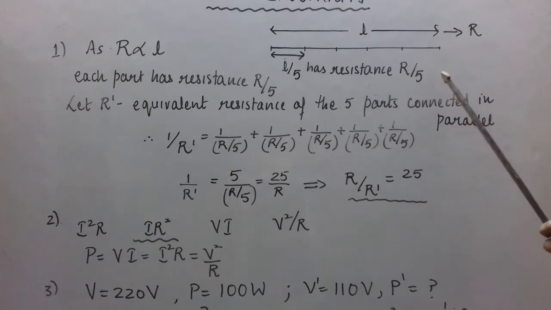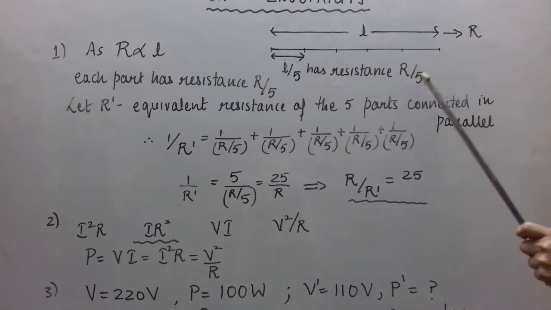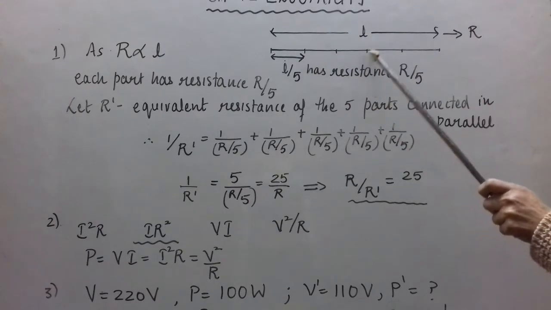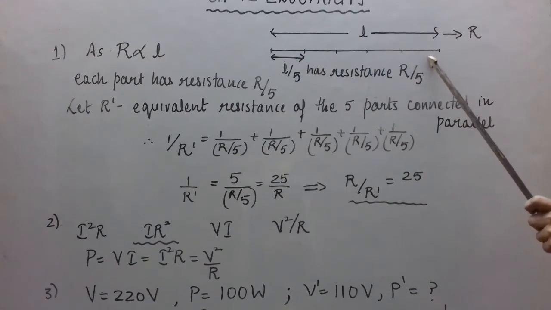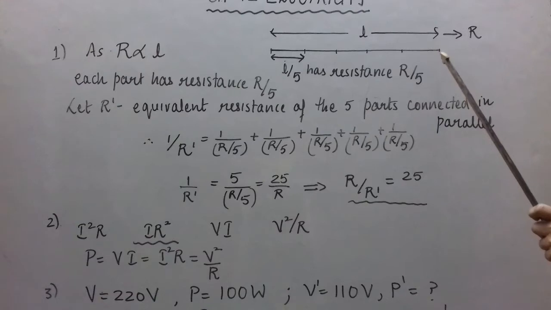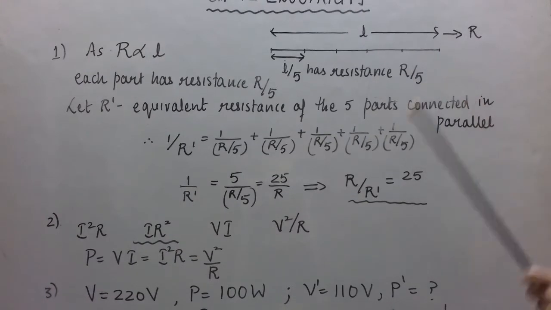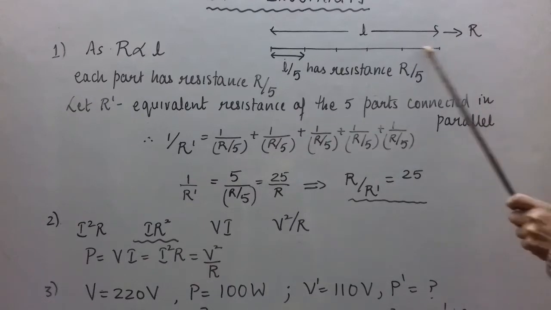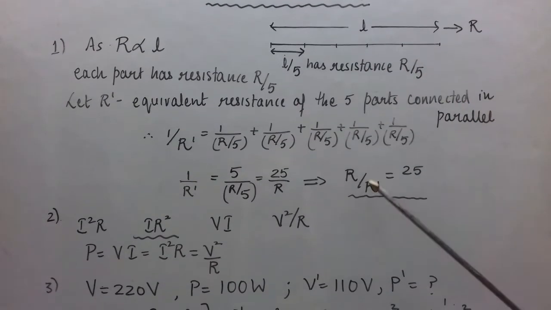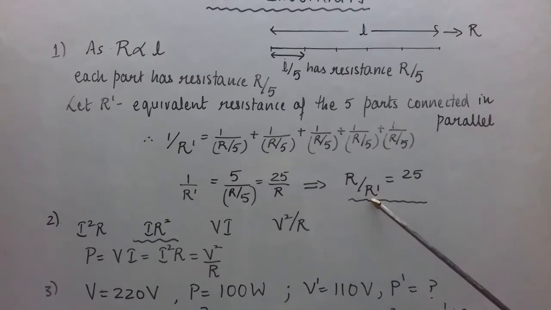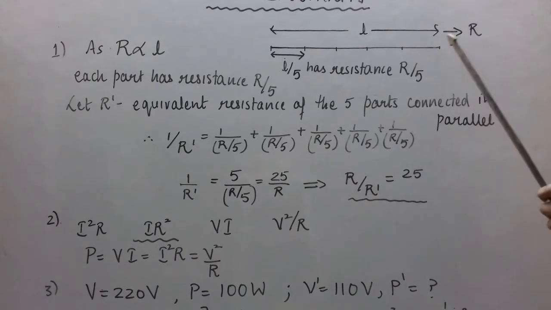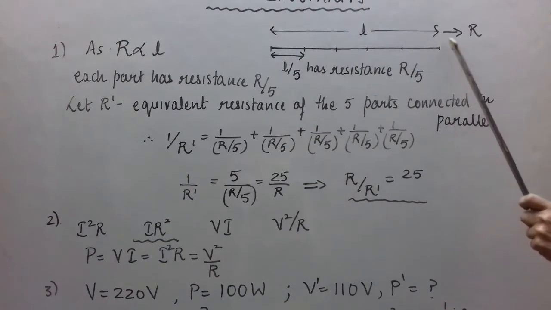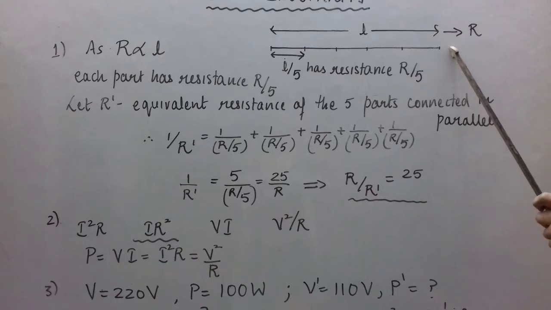And in the question it is mentioned that if all these parts are connected in parallel, let R dash be the equivalent resistance and you have to find the ratio R by R dash, where R is the original resistance of the complete length of the wire and R dash is the equivalent resistance of the parallel combination of these 5 parts from the same length of the wire.